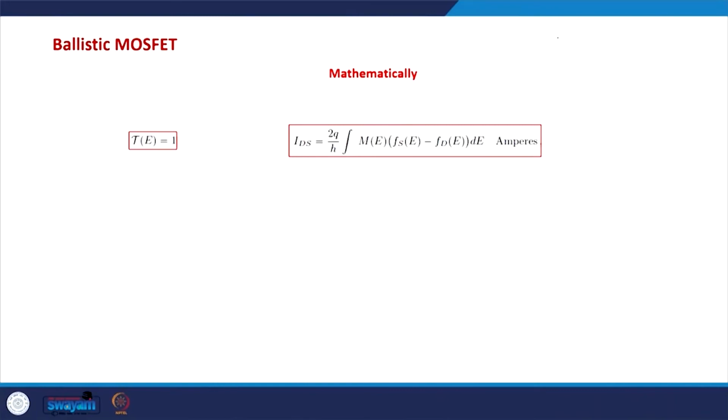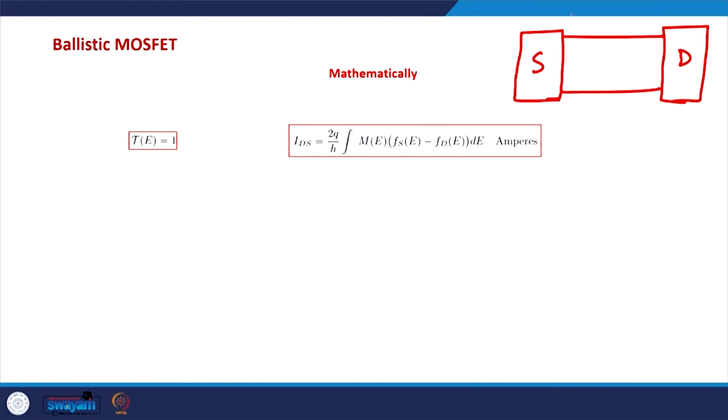In a ballistic MOSFET, the first thing that comes to our mind is that there is a left contact, the source contact, there is a channel, and there is a right contact. There would be a third contact as well, also known as the gate contact or the control terminal.